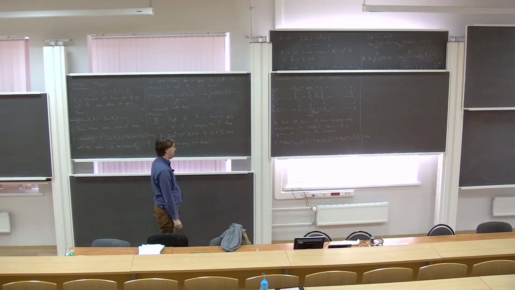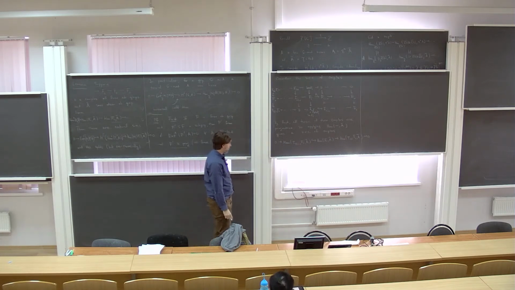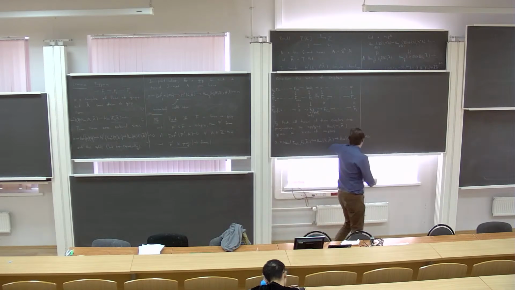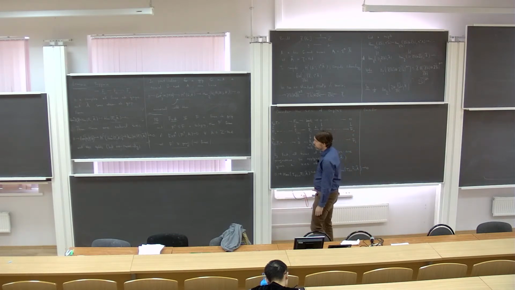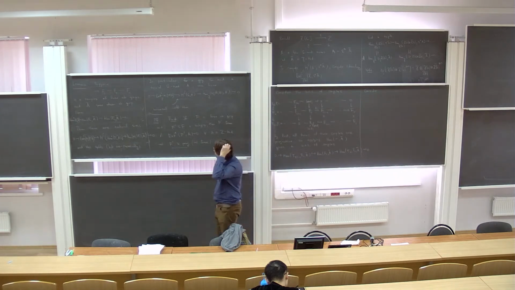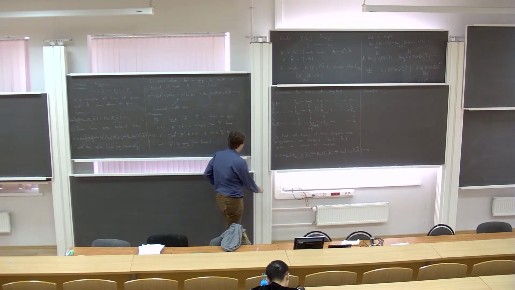And now I can take the long exact sequence in cohomology for this. Okay, and let's look at what happens in degree i. So now consider, did I already call something star in this proof? I did not, so I can call this star.